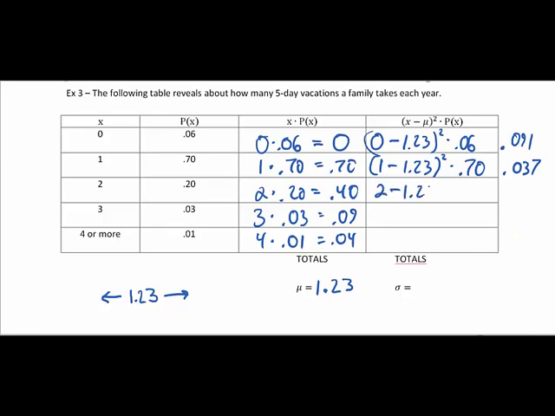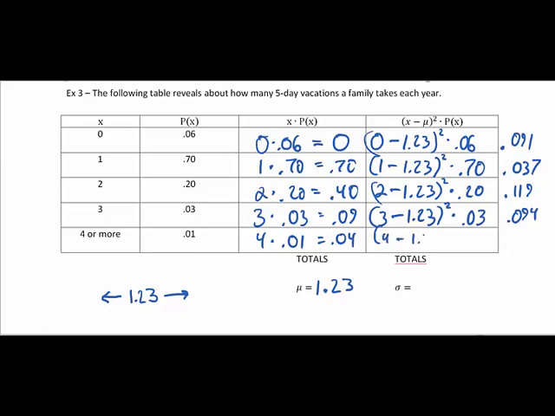2 minus 1.23 squared times 0.20. This gives me 0.119, or 119 thousandths. 3 minus 1.23, quantity squared, times 0.03. This gives me 0.094.